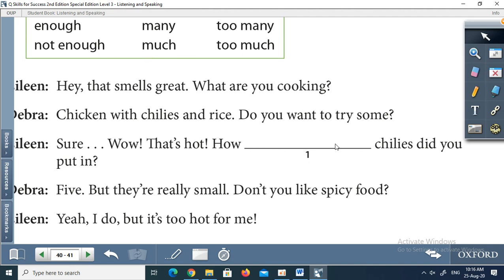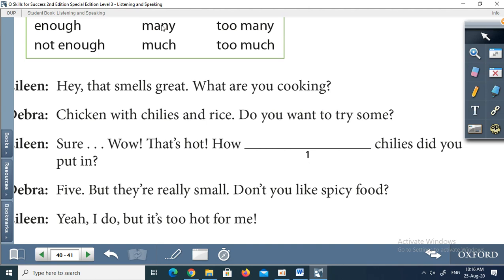How enough chilies, but that is not proper English. How not enough chilies, that is not proper English. How many chilies is proper English. How much chilies, not proper English, because chilies is a count noun, and you cannot use much with a count noun.